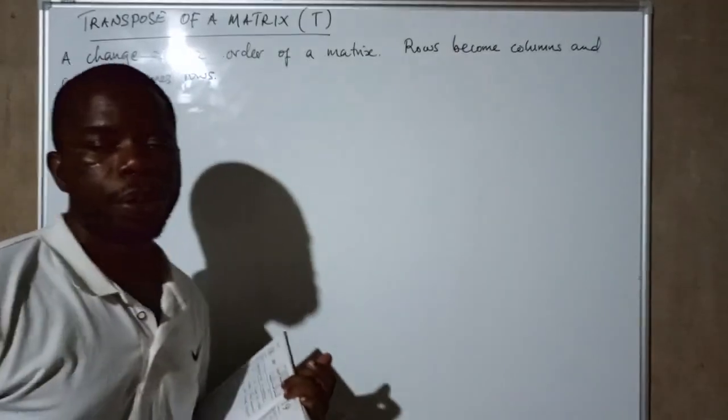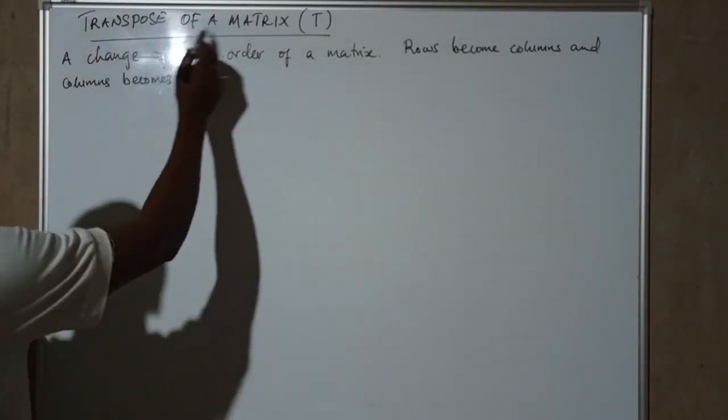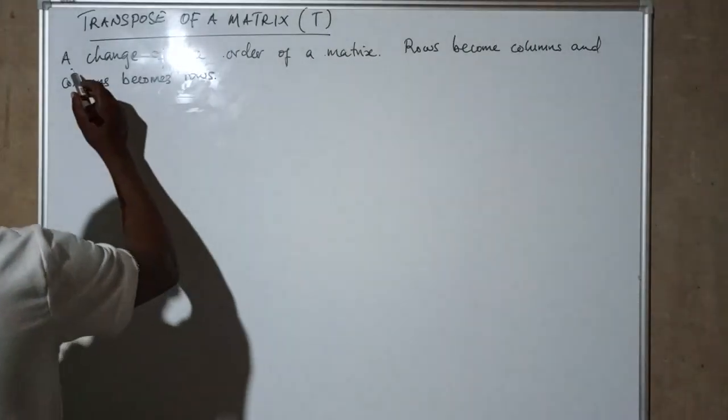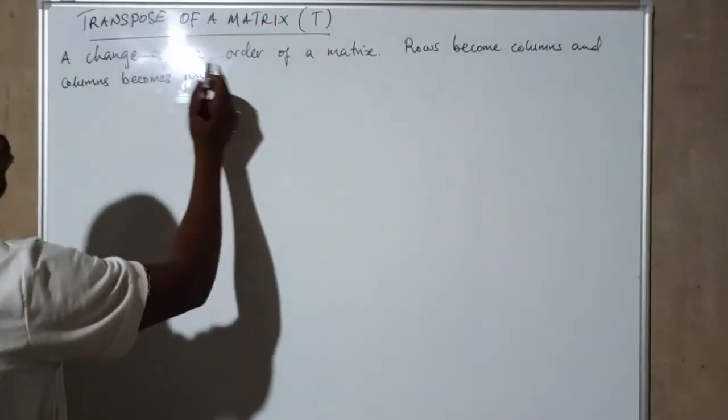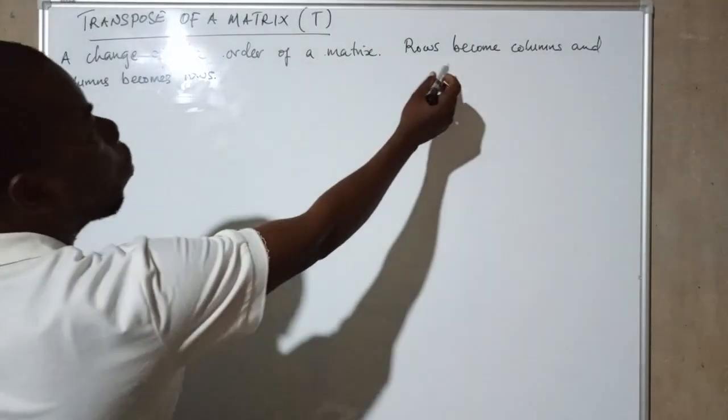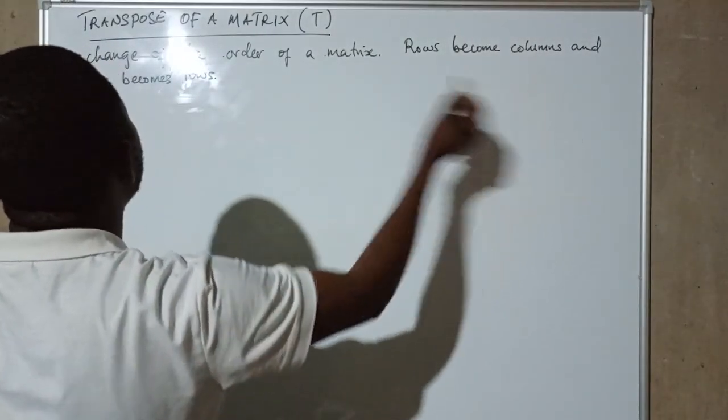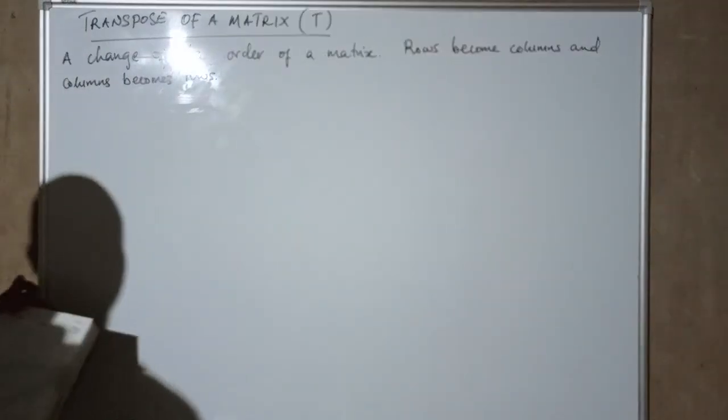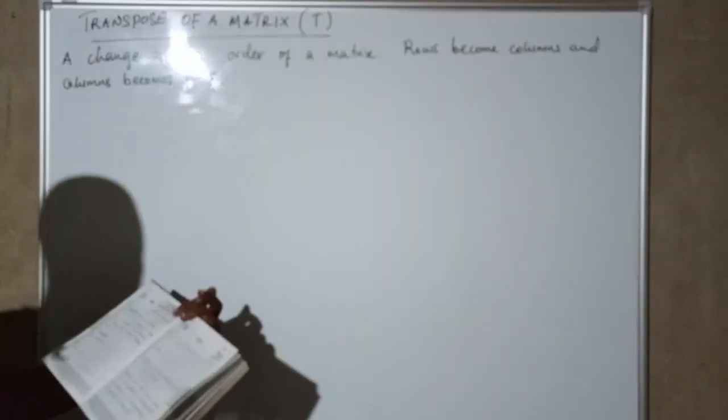That's what it is. So a transpose of a matrix is just a change of the order of a matrix. Rows become columns and columns become rows. So this is how we do it.